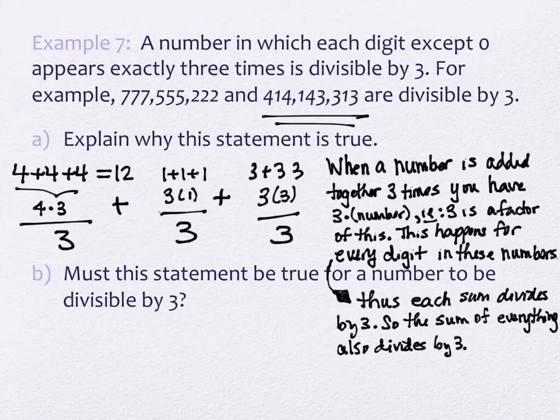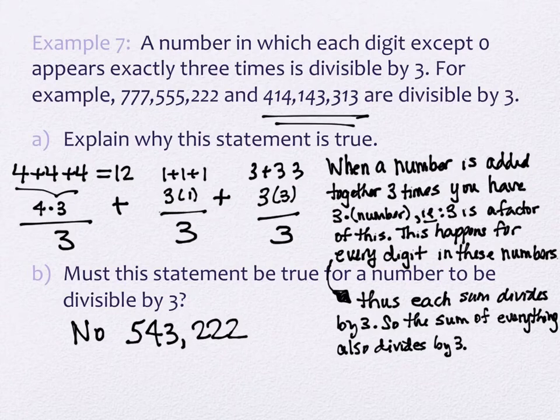Part B says, must this statement be true for a number to be divisible by 3? Can you make examples, Zion? 543,222. That's what we did before, isn't it? This was an earlier example.